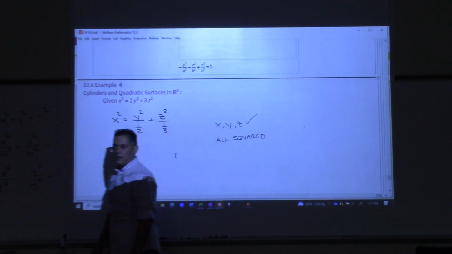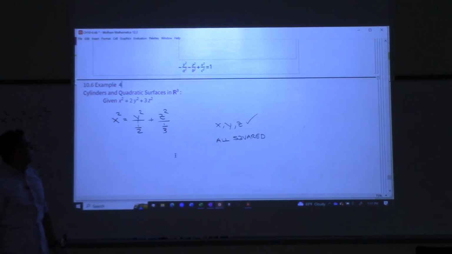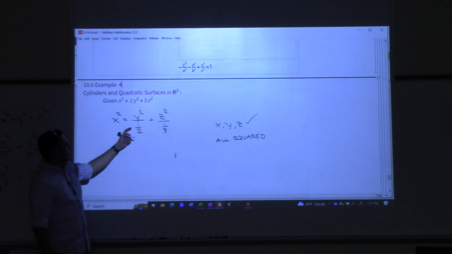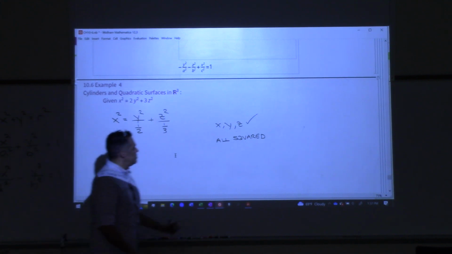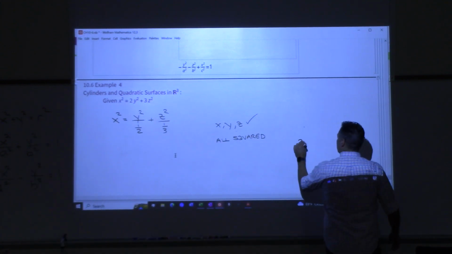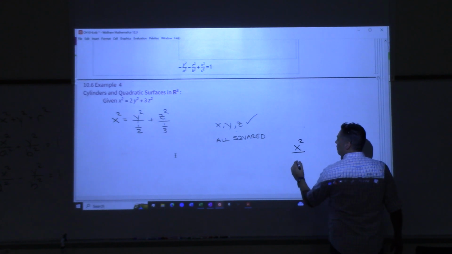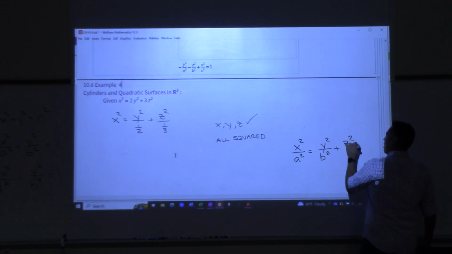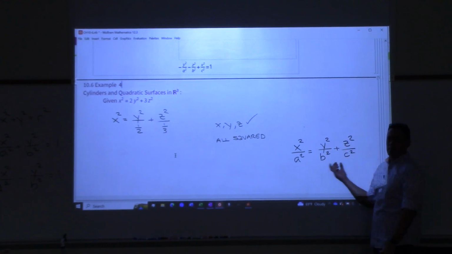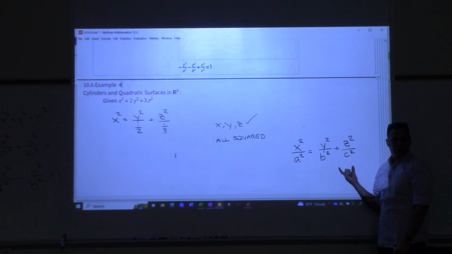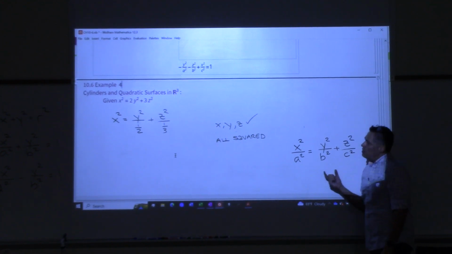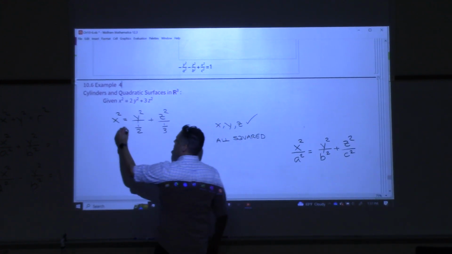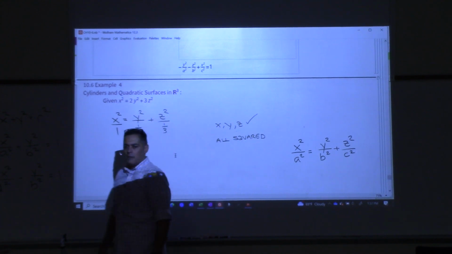That's the same thing, isn't it? 2 in front is the same as dividing by a half. See, what I'm trying to do is make it look like this. X squared over a squared equals y squared over b squared plus z squared over c squared. See, I'm trying to make it look like this.